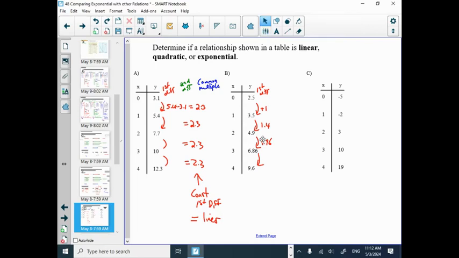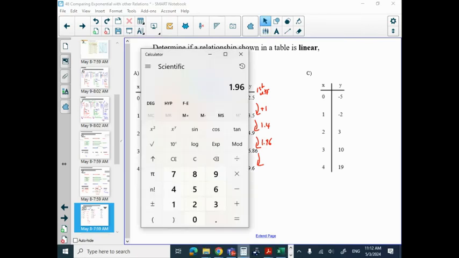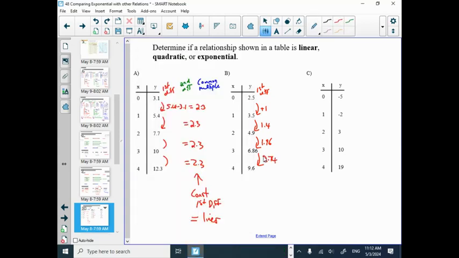And then 9.6 take away 6.86, 2.74. I could have stopped a long time ago as far as this goes. If it's not constant, therefore not linear.